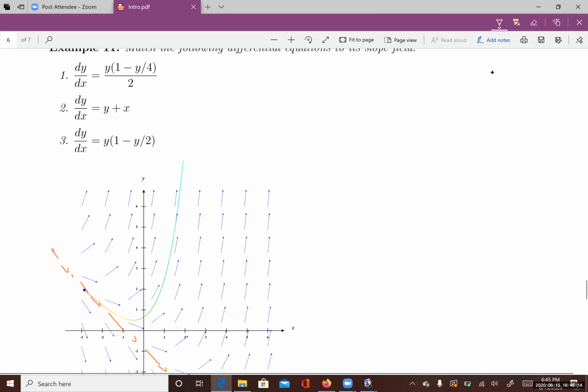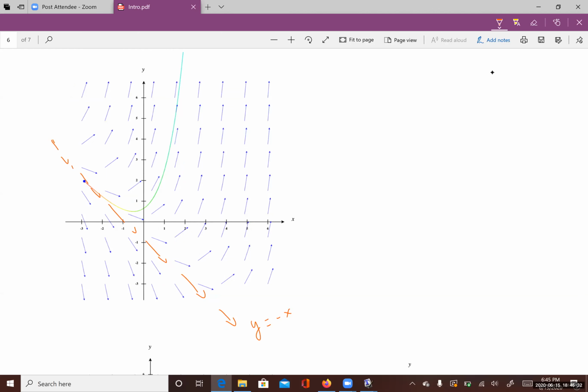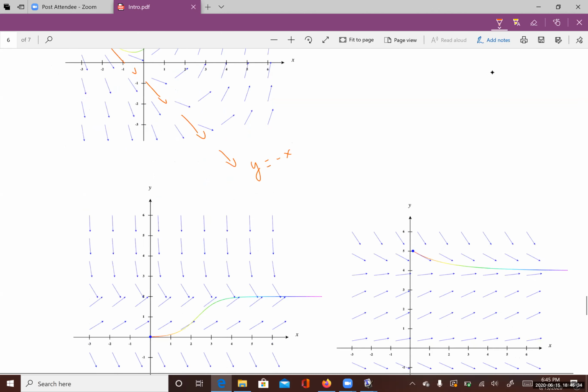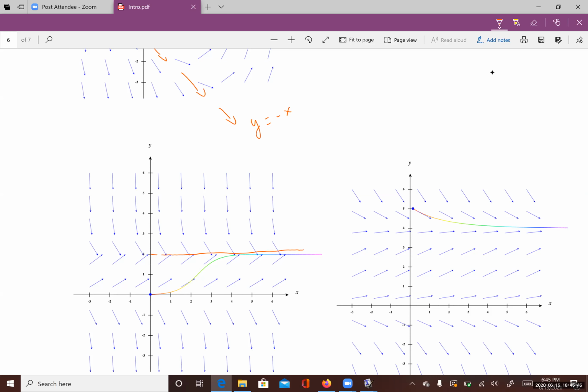And then if you look at these three differential equations, this is the one that you want to have. Go to this one right here. When y equals 2, you have an equilibrium solution. When y equals 4, you have an equilibrium solution.